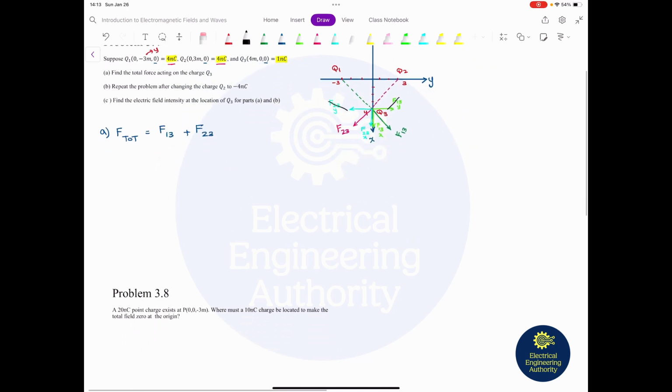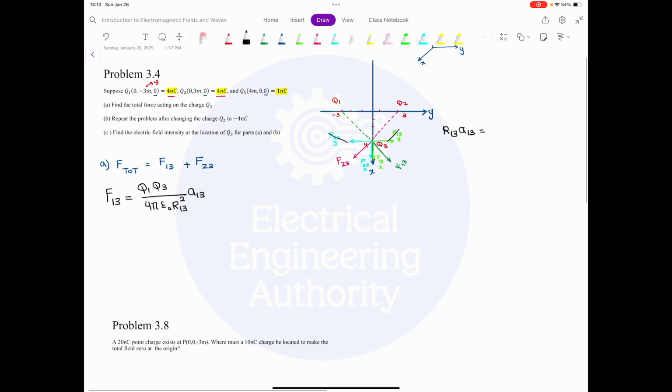All right, so F13, we know that F13 is Q1 Q3 over 4 pi epsilon naught R13 to the power of 2, A13. Now, R13, A13. If you look at R13, this dark green is R13. This pink one is actually R23.